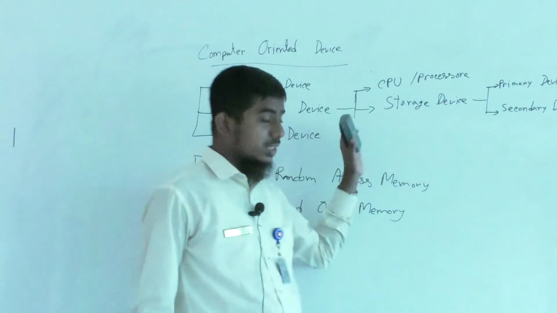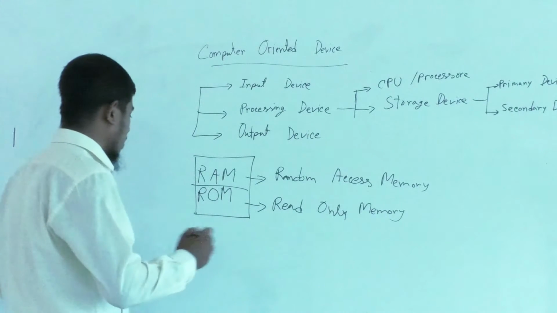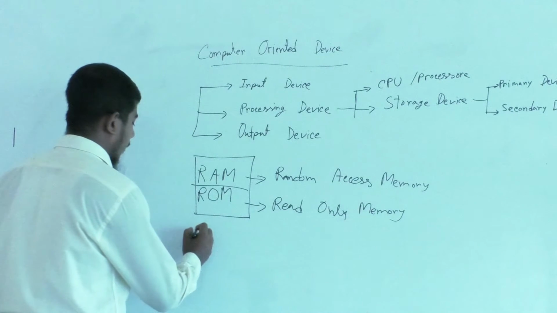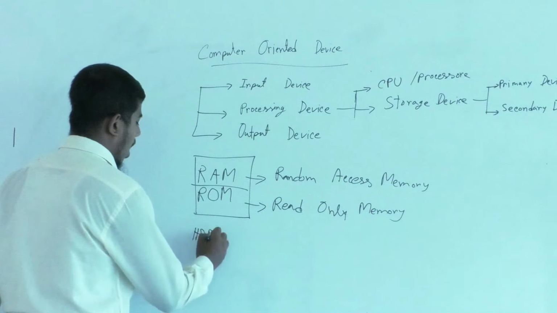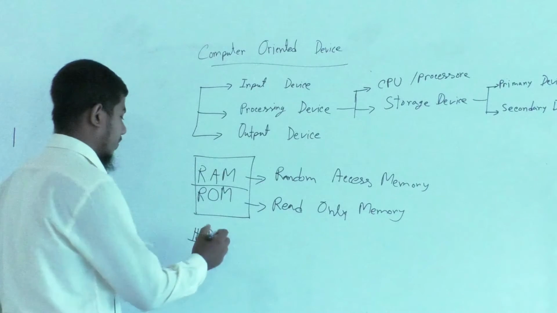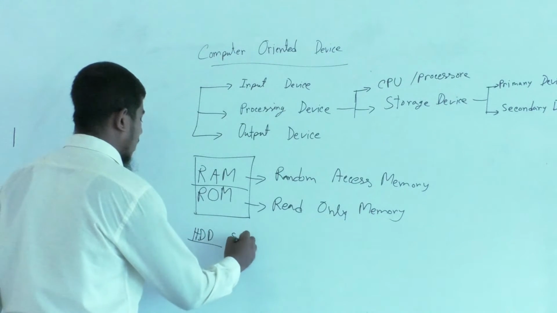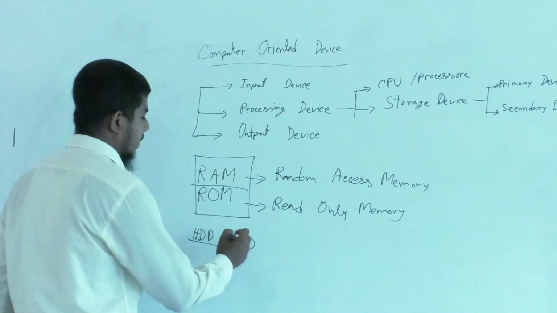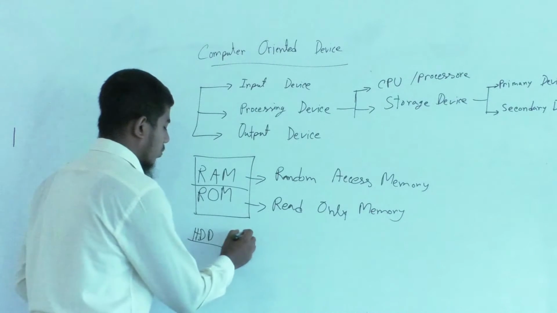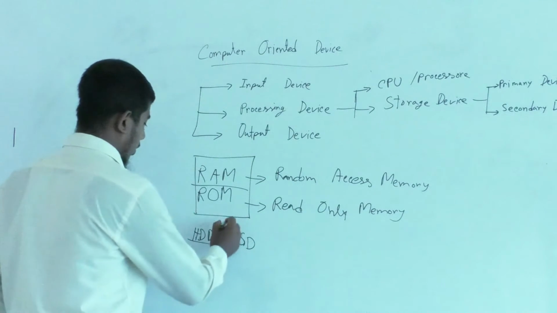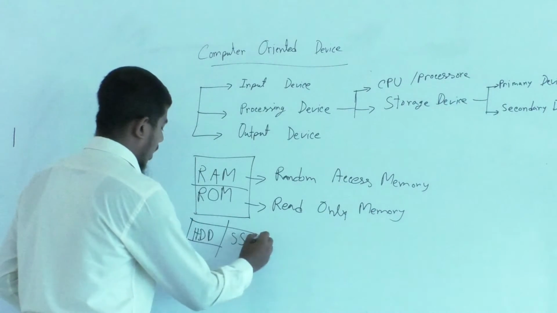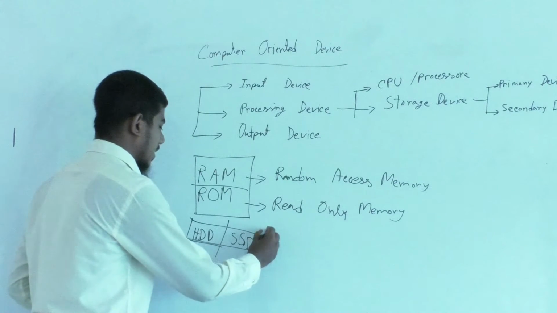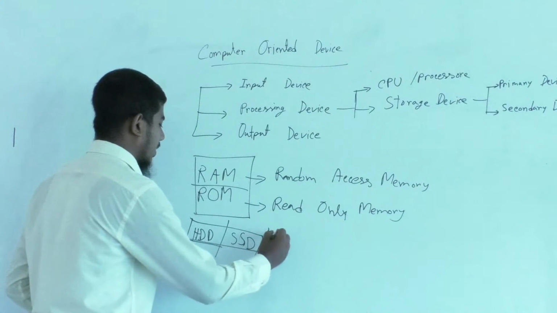And another one is the secondary device. The secondary device is HDD, hard disk drive, or SSD, solid state drive. So we may use HDD or SSD or CD, compact discs.